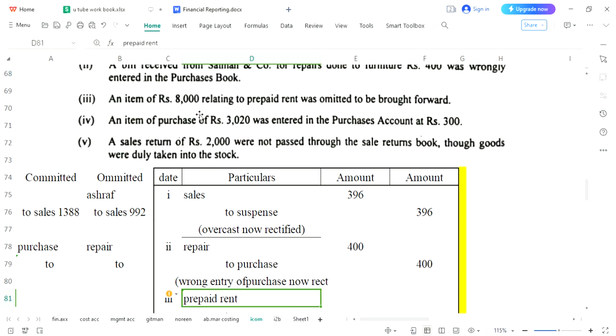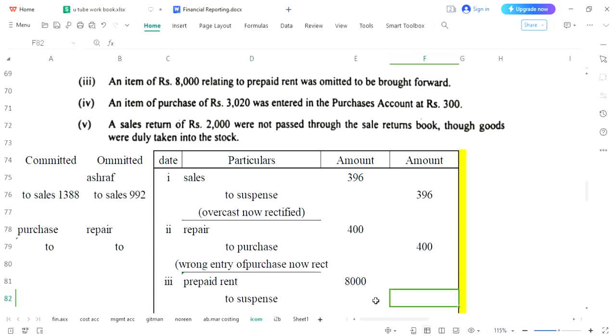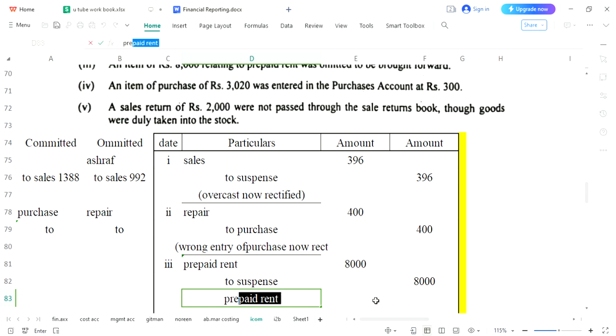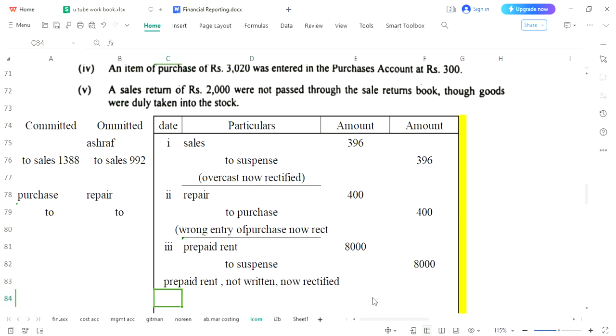So the amount was 8,000. 8,000 would be written over here and 8,000 over here. You can write prepaid rent not written, now rectified. Okay guys, three entries are completed.